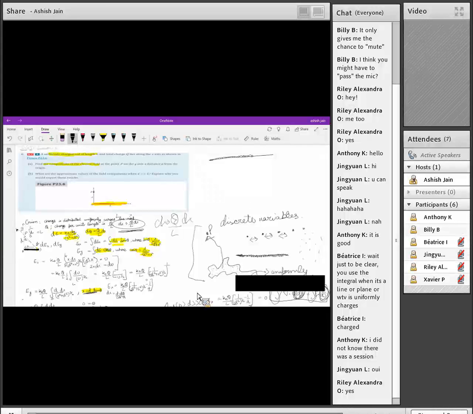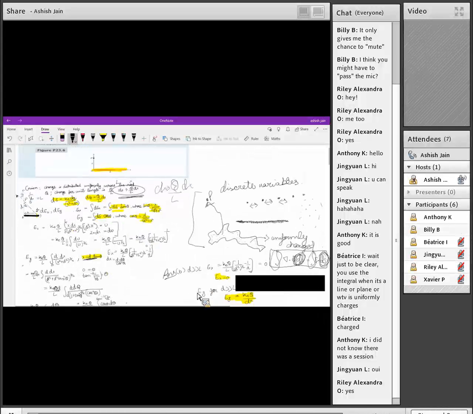In order to find the effect of the whole rod, that is a finite length, that's why the Gauss law cannot be used here. We use integral to find the effect of every infinitesimal point.